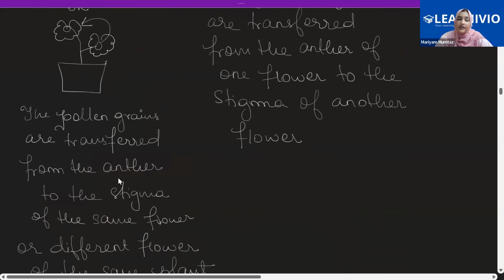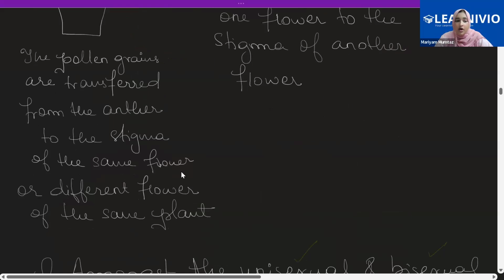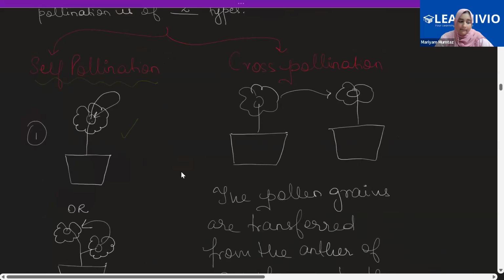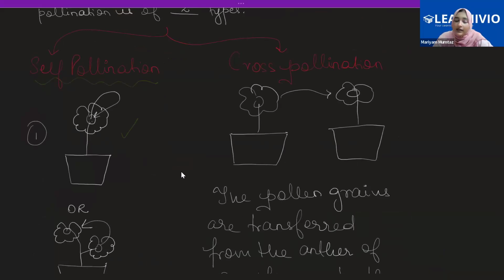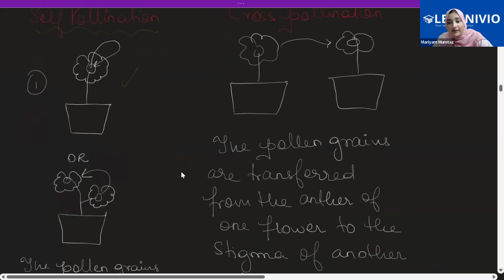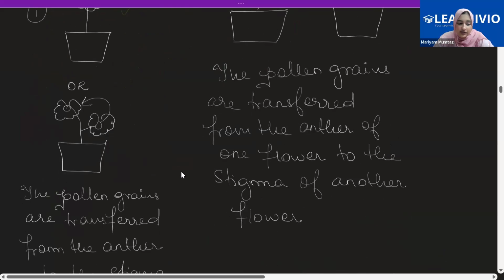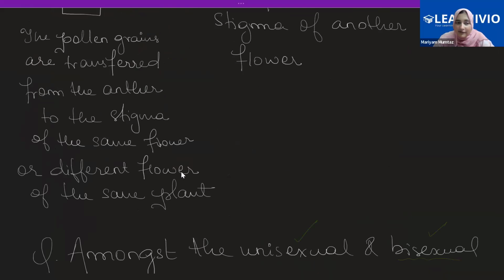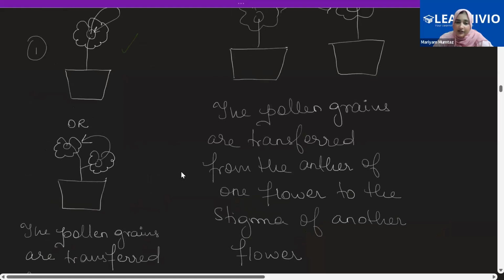They are transferred from the anther to the stigma of the same flower. It can be transferred in one flower, or from one flower to another flower in the same plant. Here the plant is the same, the flower can change or it could be the same flower. This type of pollination is called self-pollination.